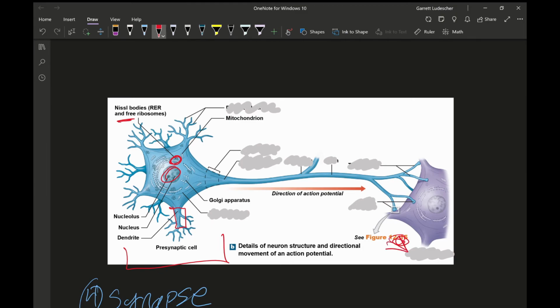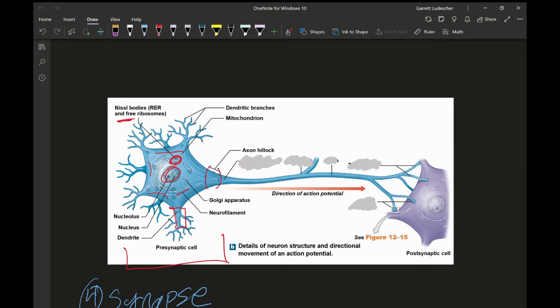Okay, and then over here, we have the postsynaptic cell. And then these little lines inside the cell that look similar to the cytoskeleton, we're going to call those neurofilaments. And then up here are the dendritic spines, or the dendritic branches, like I said.